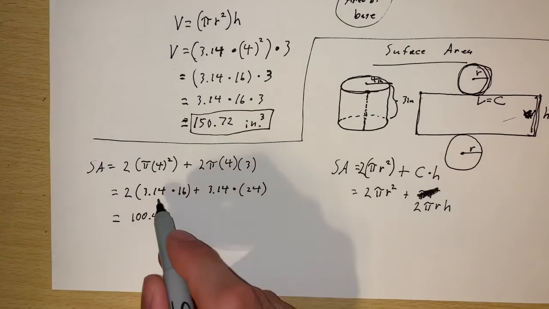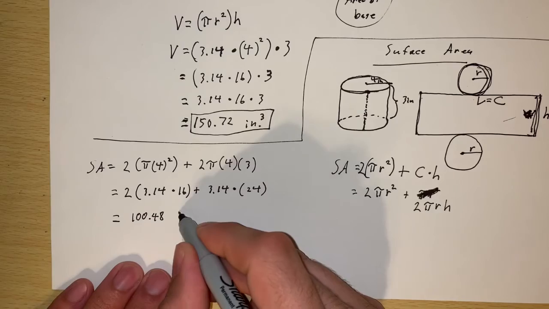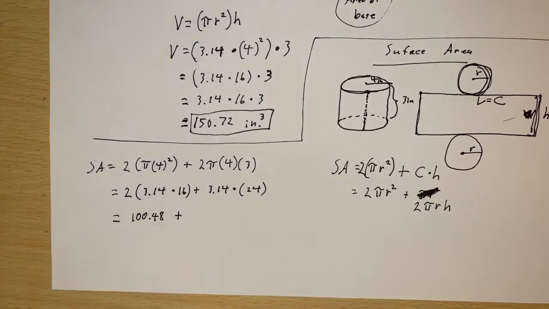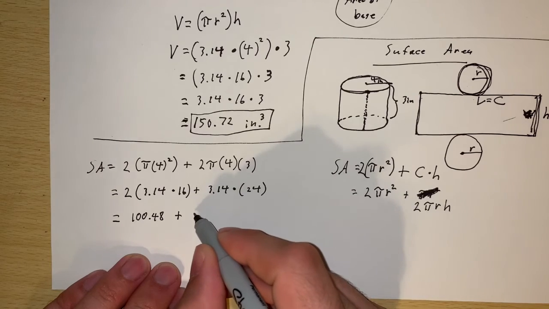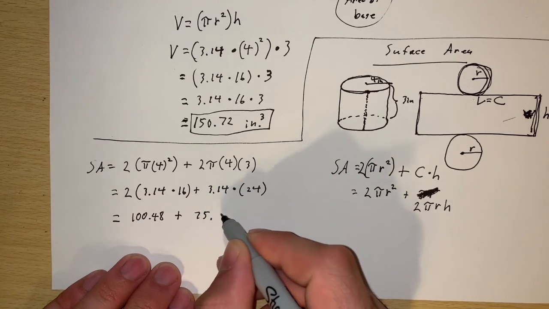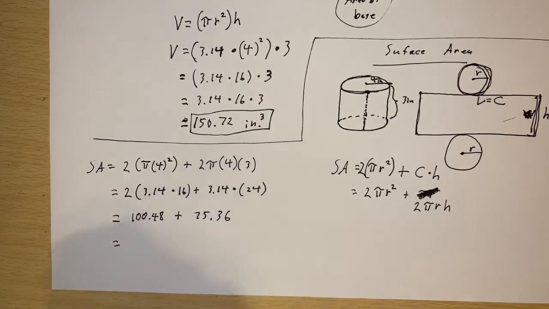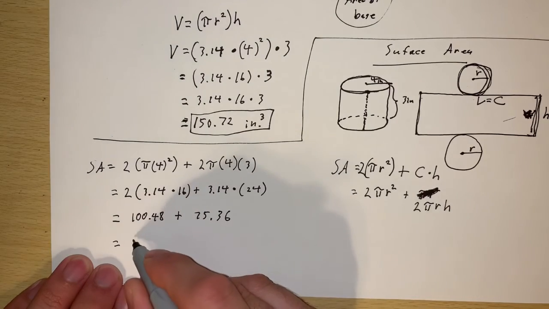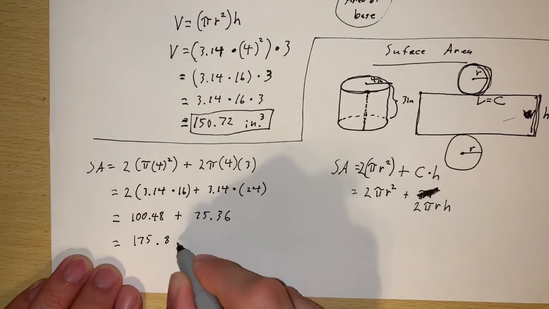Two times 3.14 times 16 is 100.48, plus 3.14 times 24, which is 75.36. Then we add those two together and we get 175.84.